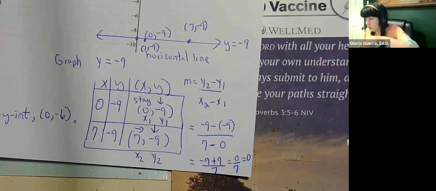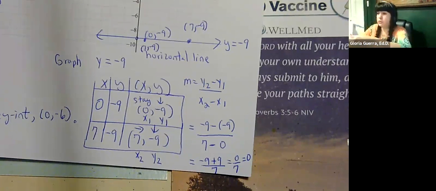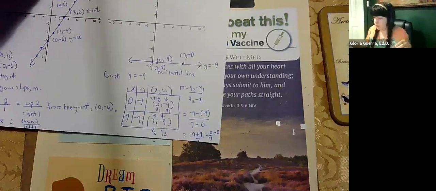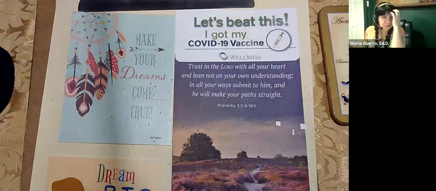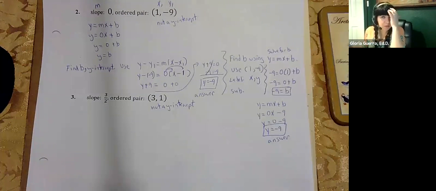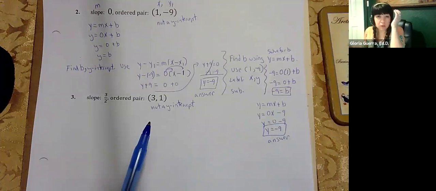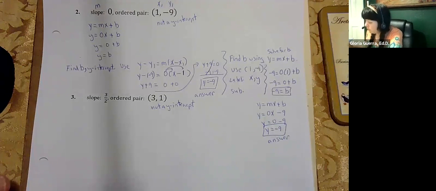All right. Okay, now let's go back to number 3. On number 3, they tell you that the slope is a fraction 3/2, and then the point is 3/1. And you want to find the equation in slope-intercept form.